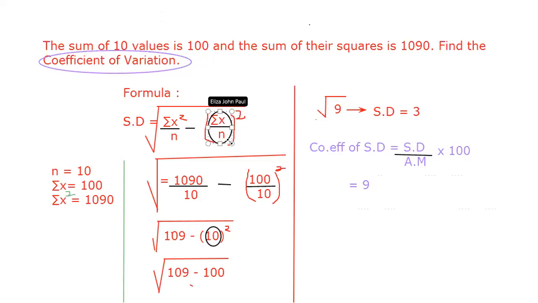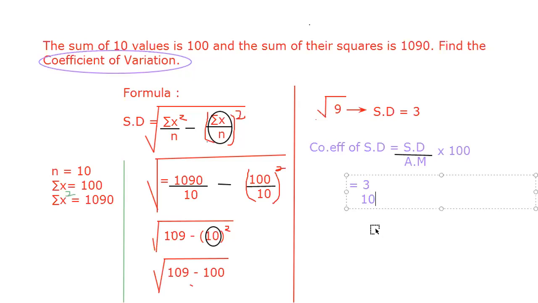Sigma x by n is the arithmetic mean formula in individual series.